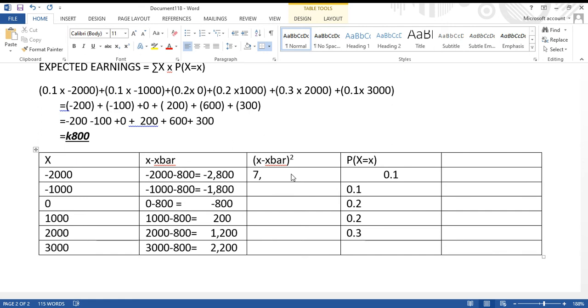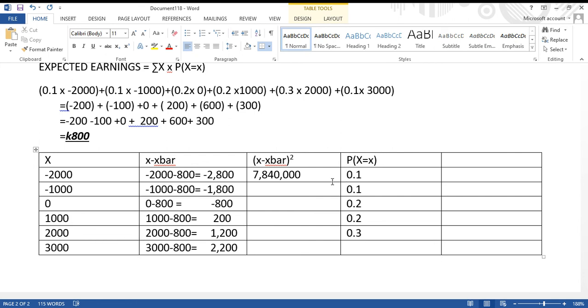Colleagues, are we getting that? To get a positive, she needs to say open bracket, then write 2,800, close bracket, then square.